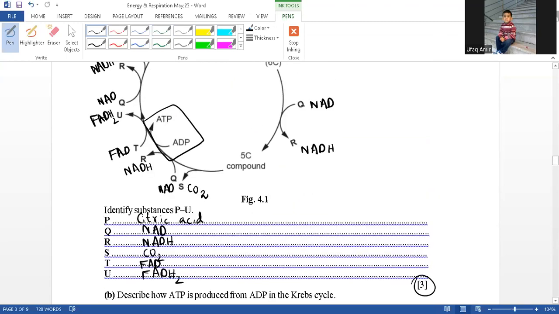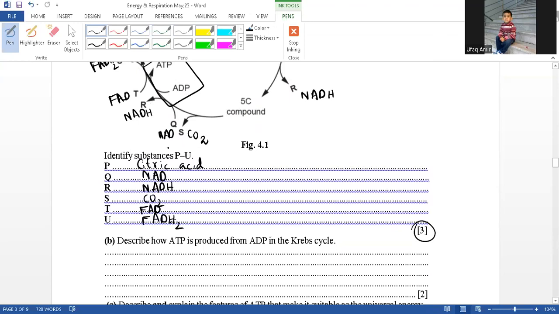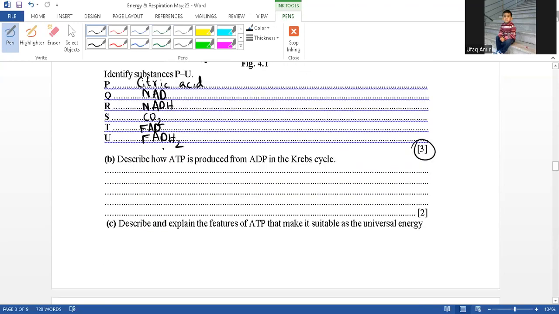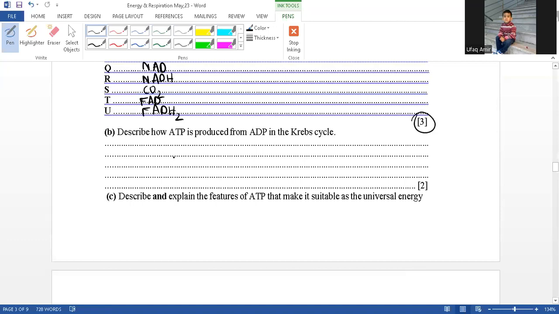First of all, phosphate group is added to ADP. Yeah, phosphate is added to ADP to make ATP.